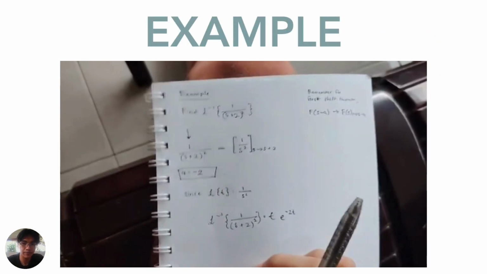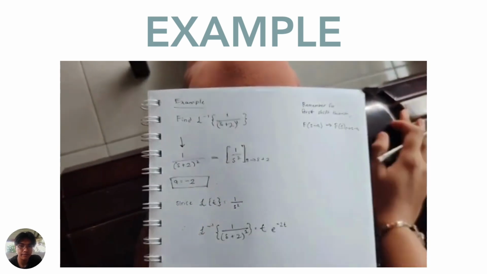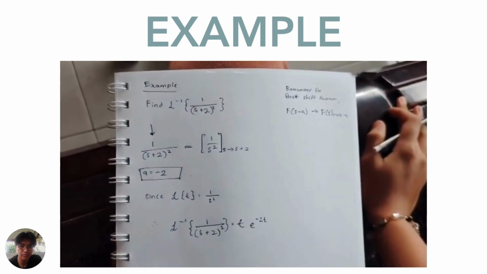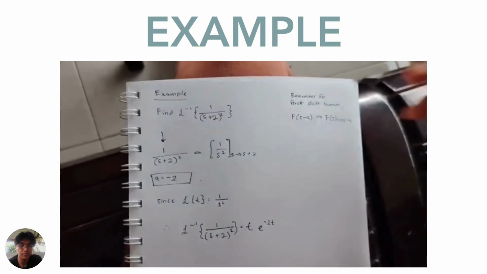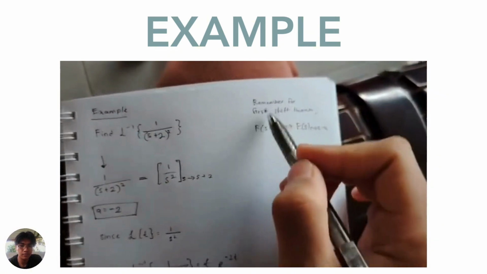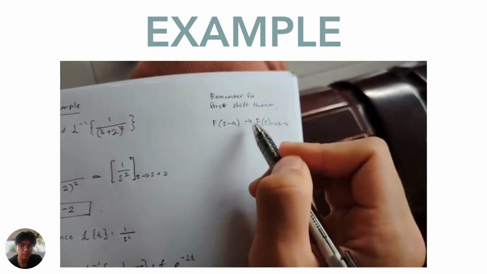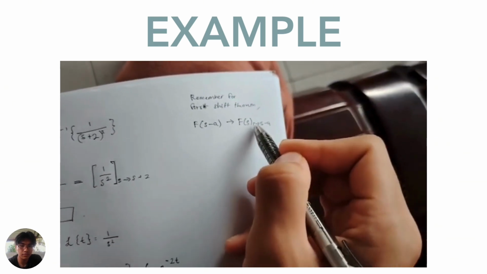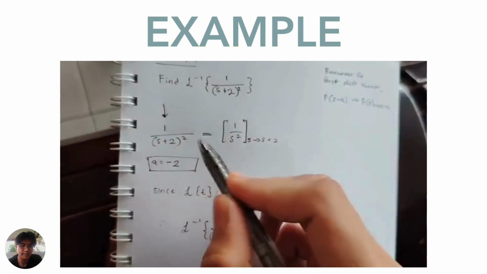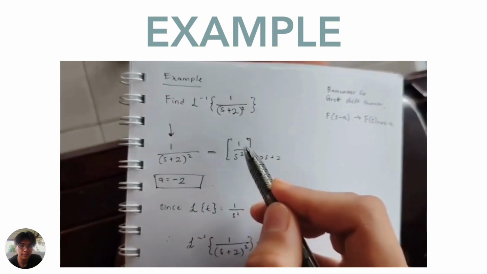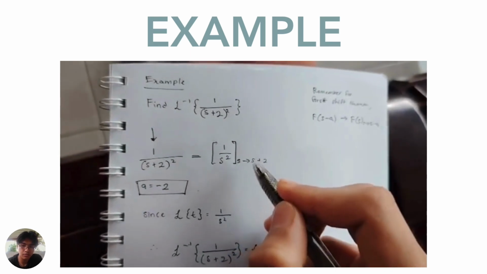Here's a quick example of the inverse Laplace transform using the first shift theorem. Find the inverse Laplace of 1 over (s plus 2) to the power of 2. First, we have to remember that for the first shift theorem, F(s minus a), we can denote it as F(s) where s is replaced by s minus a. Here, we can write it as 1 over s to the power of 2, where s is s plus 2.